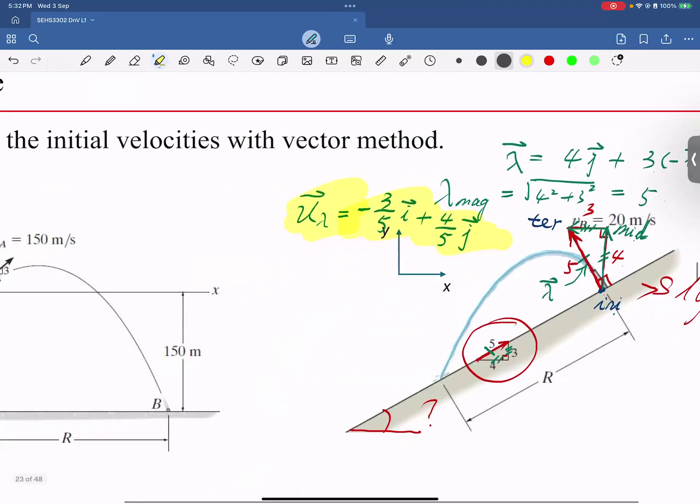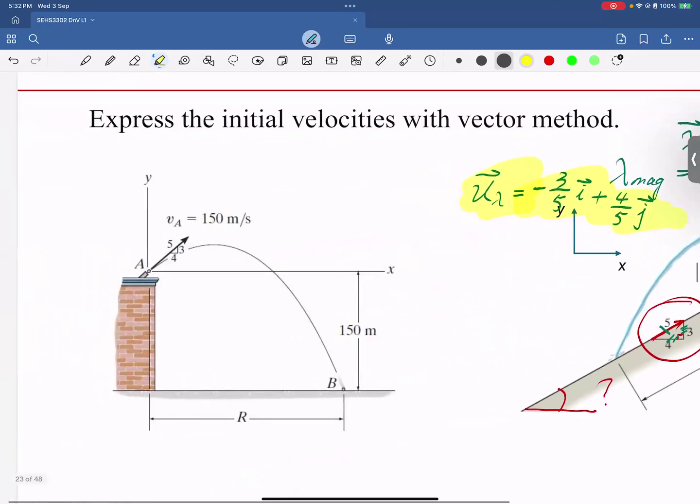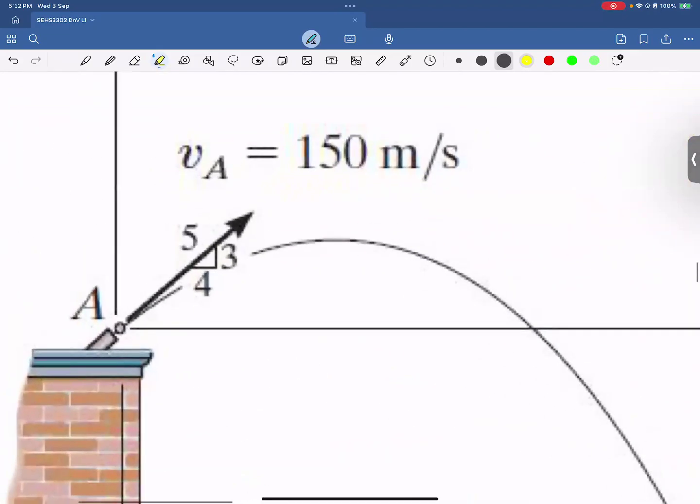One more, this one. Still 3, 4, 5, right? And horizontal is 4. Vertical is 3, right?